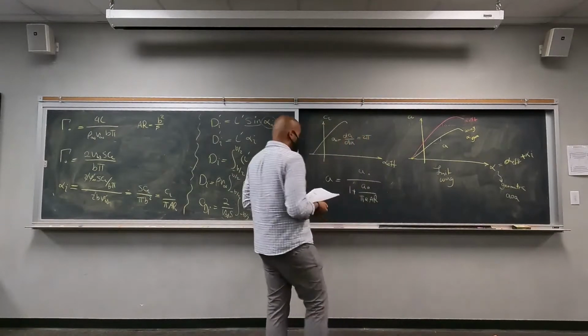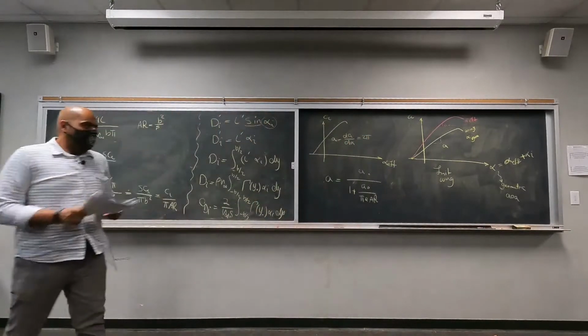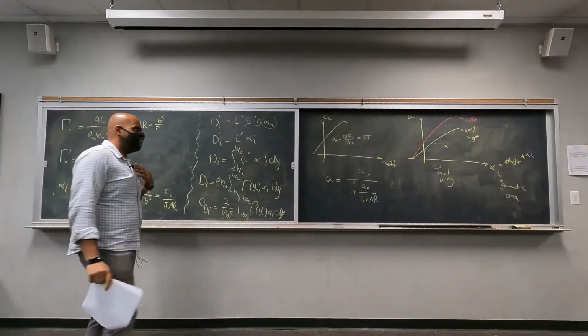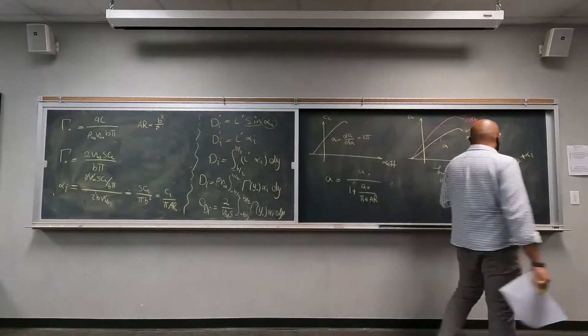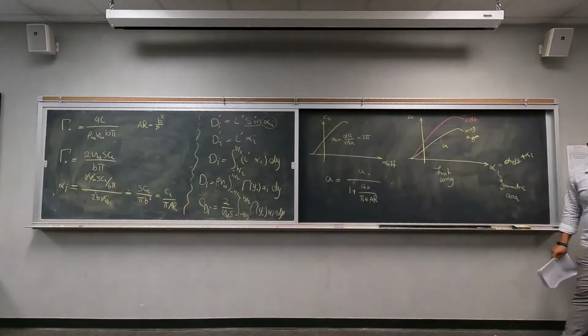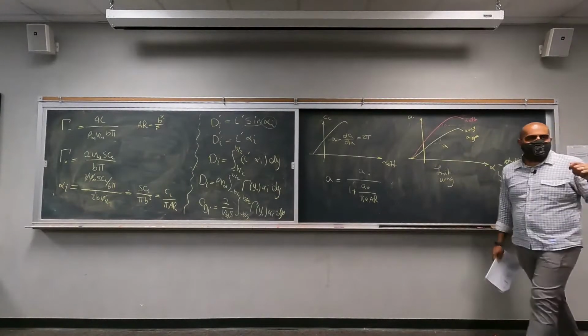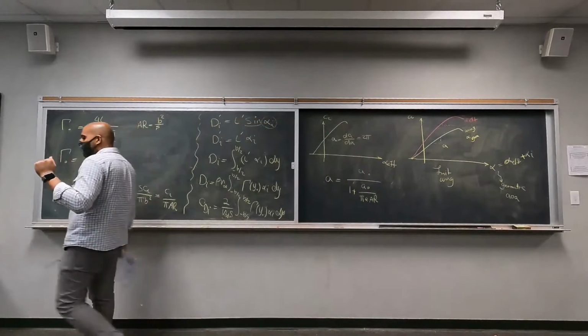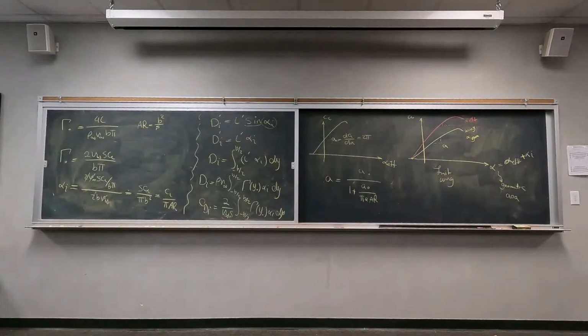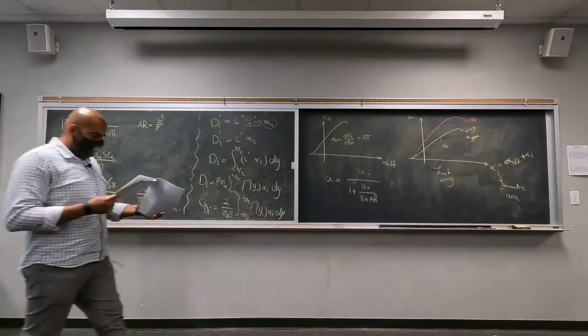And A naught, in our case, using a thin airfoil, A naught was 2 pi. You can just plug it in and find the new lift slope based on your AR. Okay. But let me just clear something out, and then I guess we'll be done.